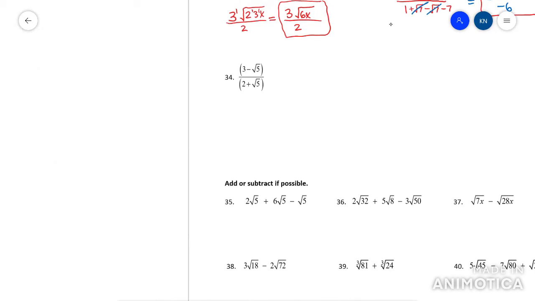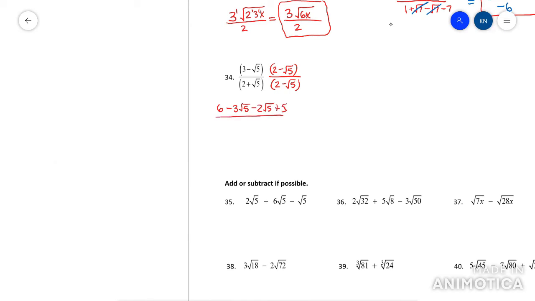You're going to hit it with a 2 minus root 5 to rationalize that denominator. It only really applies for the binomials. All right, so on top, you're going to have 6 minus 3 root 5 minus 2 root 5 plus 5.